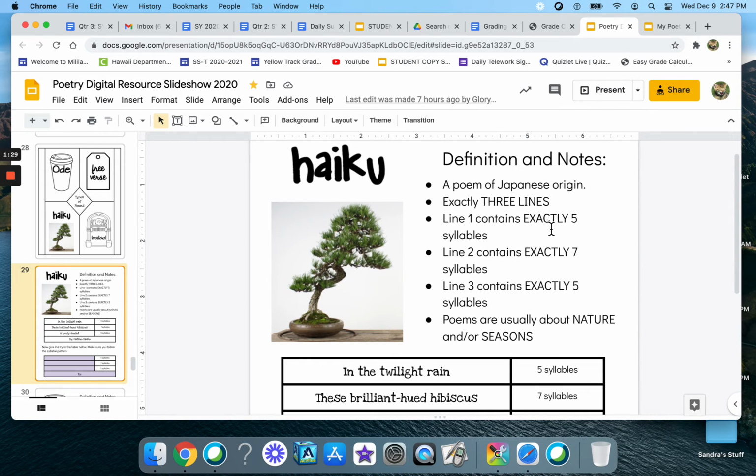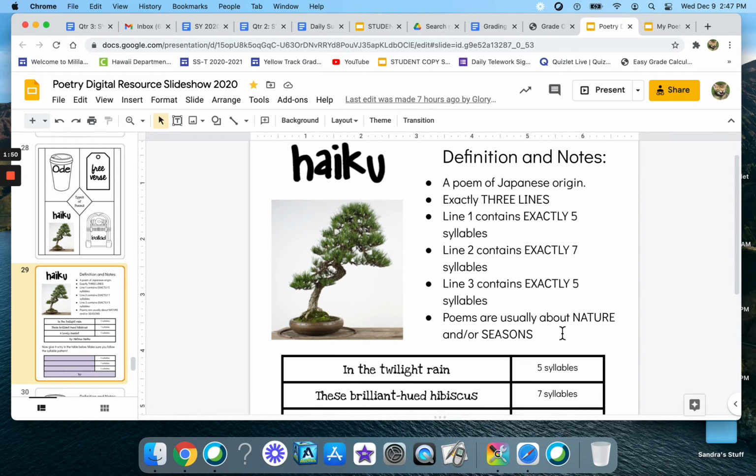Line 1 contains exactly 5 syllables. Line 2 contains exactly 7 syllables. And line 3 contains exactly 5 syllables. Haiku are poems usually about nature and or seasons.